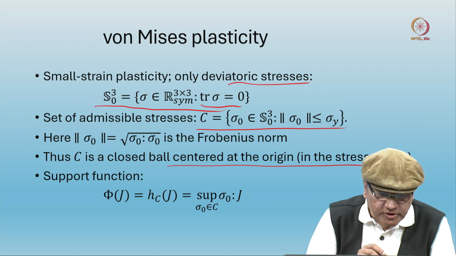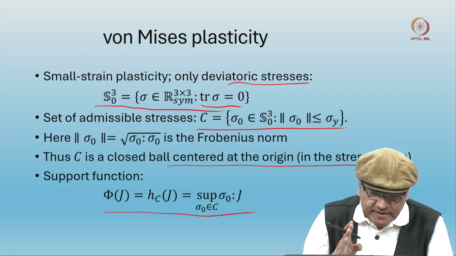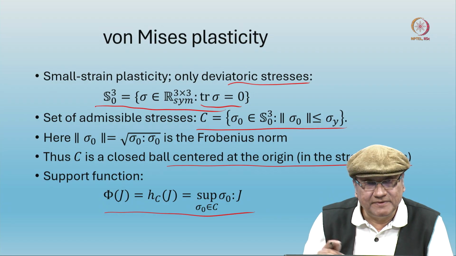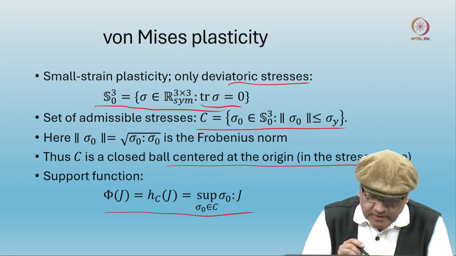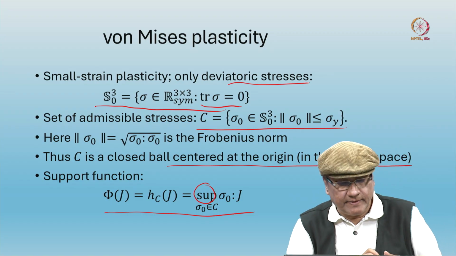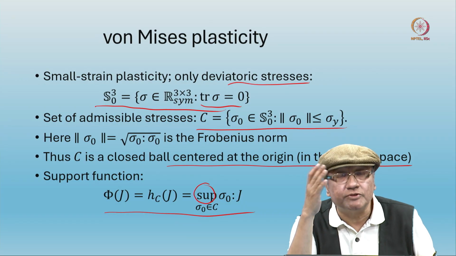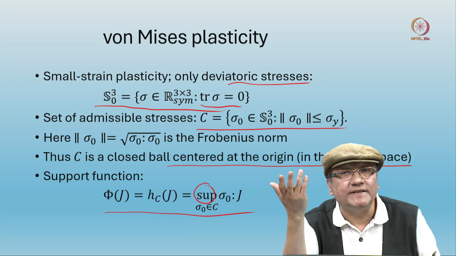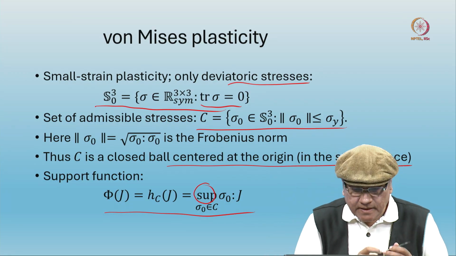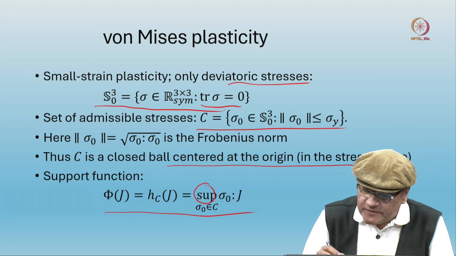So, what is the support function? We have already discussed this in one context, that for a sphere the support function is such that sigma 0 and j must be collinear, in the same direction. That's what maximizes this; the supremum you get only corresponding to that case, right. So the collinearity of the stress and strain, which is also called co-directionality, is automatic here, right. So in this particular case, what is the maximum value of the norm of sigma 0? It is sigma y, correct. So what is phi of j?